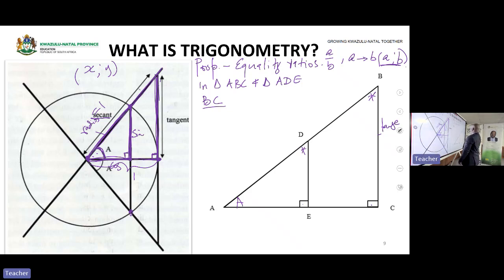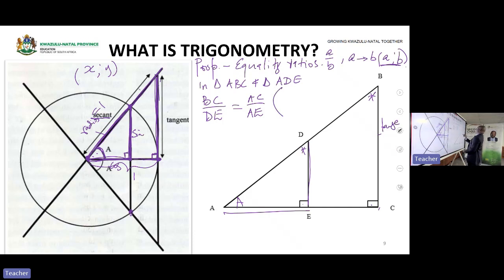It could be, it will depend how you look at it, it could be over DE, because they must correspond. DE is equal to AC over AE. I'm not going to look at the third ratio.